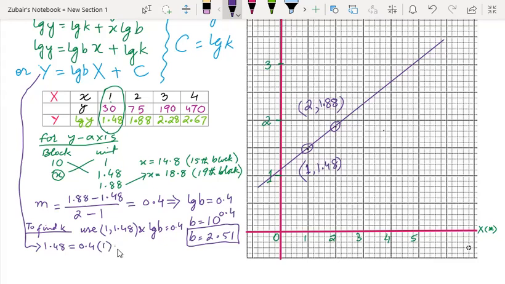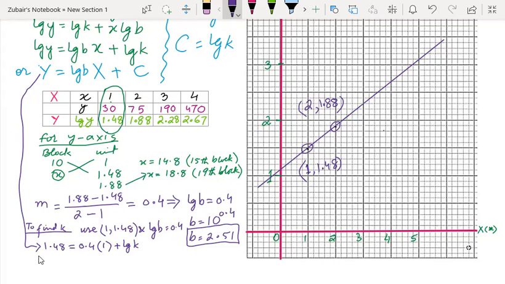What is plus c? Plus c is basically lgk. So lgk is 1.48 minus 0.4. So the value comes out as 1.08.